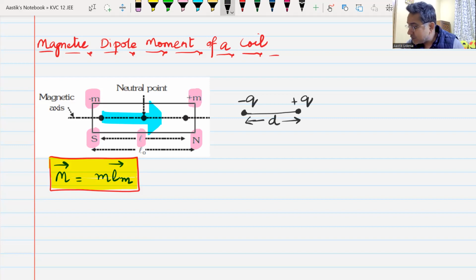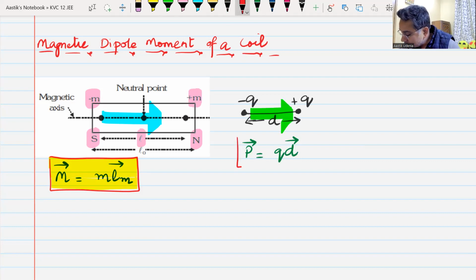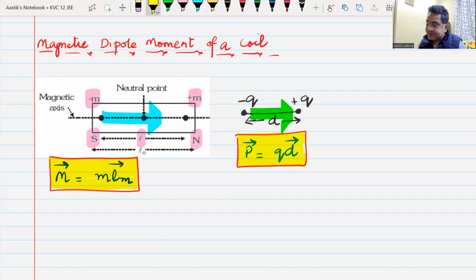And this electric dipole had something known as the electric dipole moment P vector, given by Q into D vector. And this electric dipole moment was also directed from the negative charge towards the positive charge. It was some days back we had done this: electric dipole moment and magnetic dipole moment.